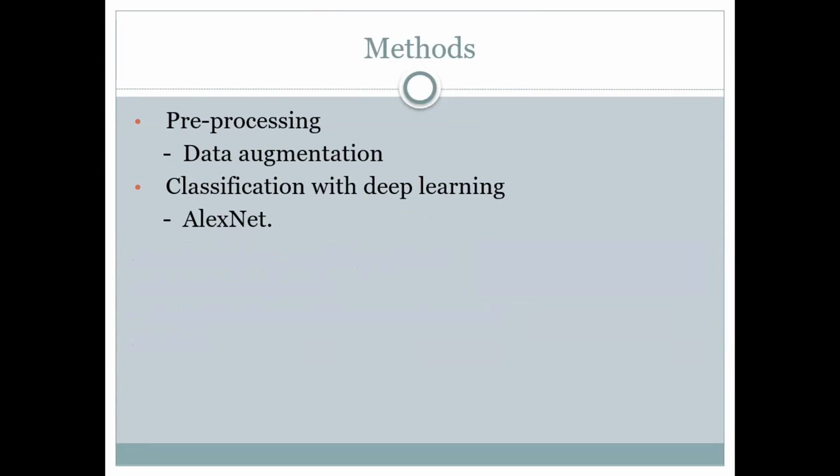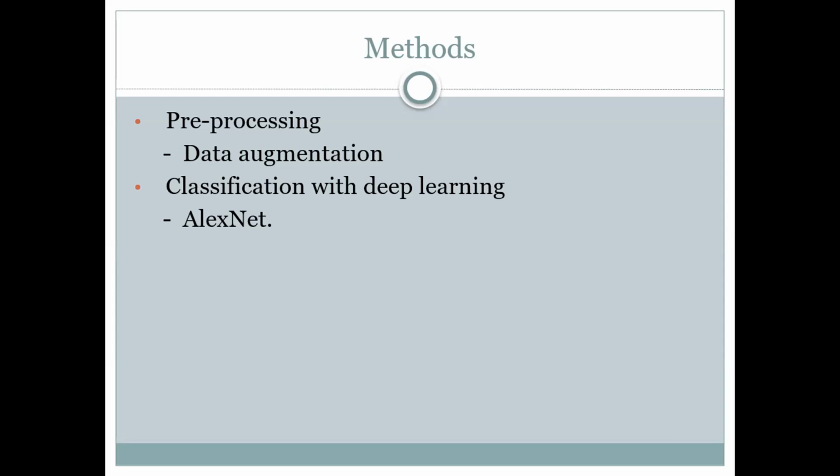So now, what did we do? We did pre-processing and then classification using deep learning. For the pre-processing, we used data augmentation because of the limited amount of images available, especially lung cancer images. So we decided to augment the images we got.